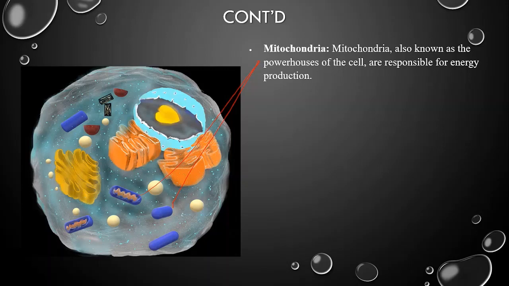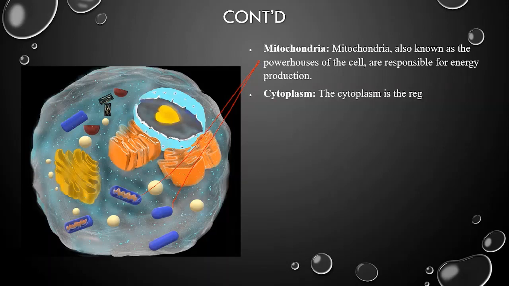As we all know, many biochemical reactions take place inside the cell, which need energy. This energy is produced by the mitochondria. And the energy produced by the mitochondria is stored in a small molecule called ATP, or adenosine triphosphate.